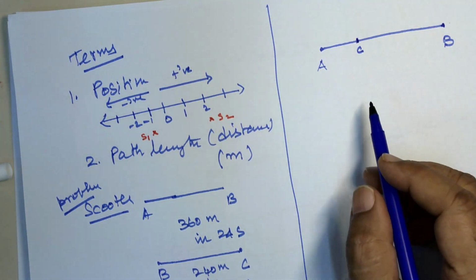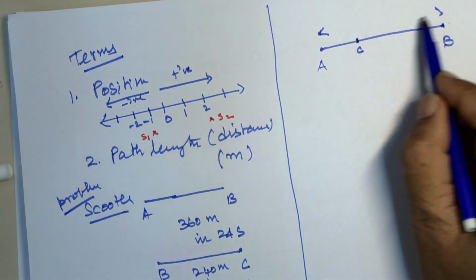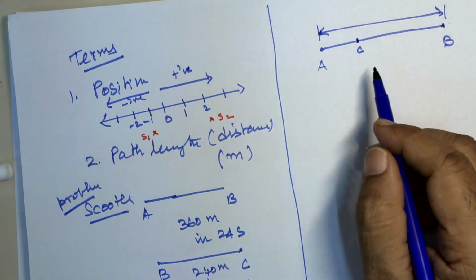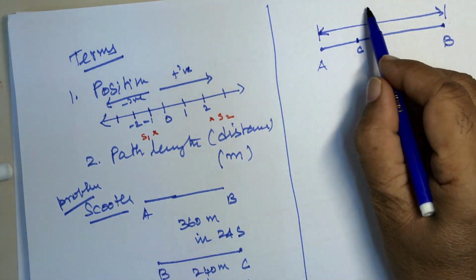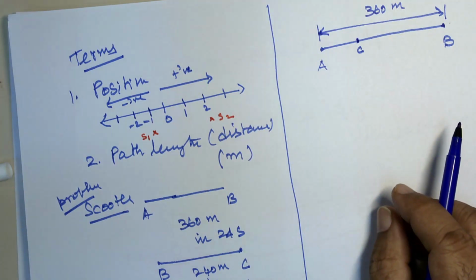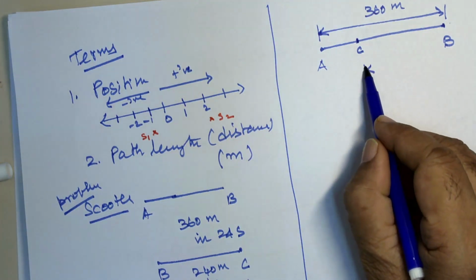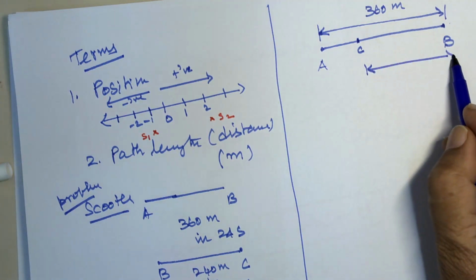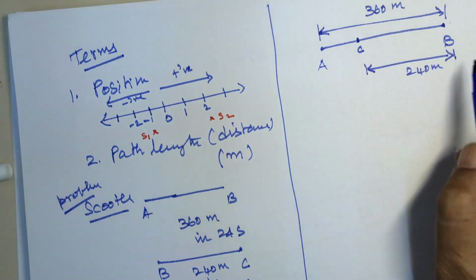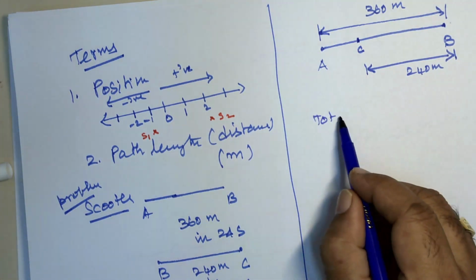What is the distance of A and B? 360 meter. And what is the distance between B and C? 240 meter, right?